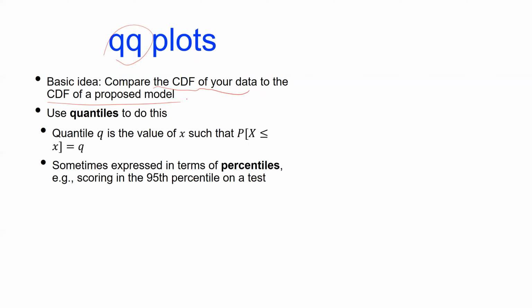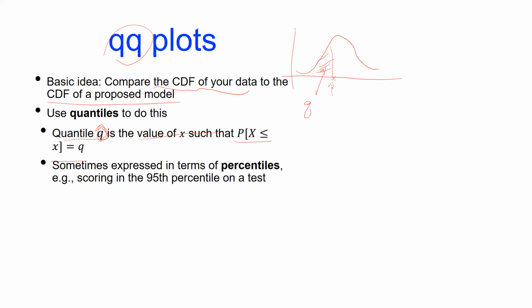What is a quantile? The quantile Q is a value of X such that P(X smaller than x) equals Q. Basically, if I give you a value Q, then you tell me, think about this, I think it's better to explain from the figure. What is it trying to say? I ask you, if I want the area under the curve to equal Q, what is the corresponding X?